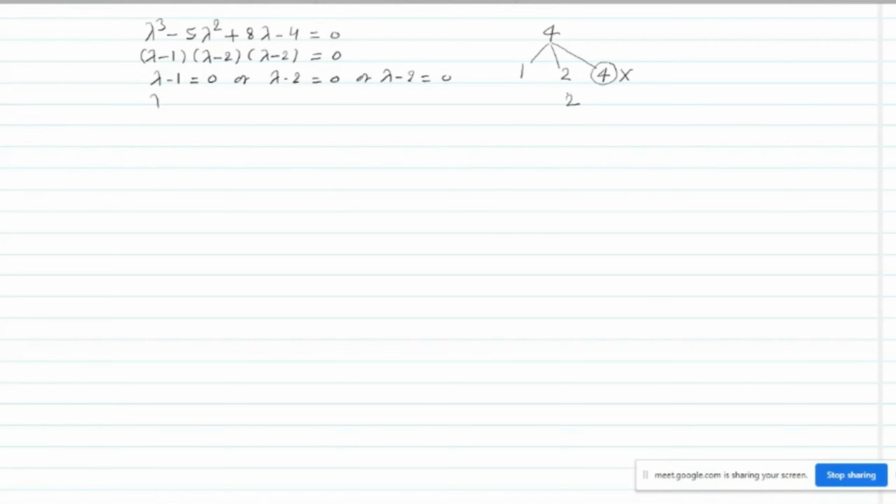So you will get lambda equal to 1, or lambda equal to 2, or lambda equal to 2. Therefore lambda equal to 1, 2, 2 are the eigenvalues of the given matrix, or you can say the characteristic values of the given matrix.